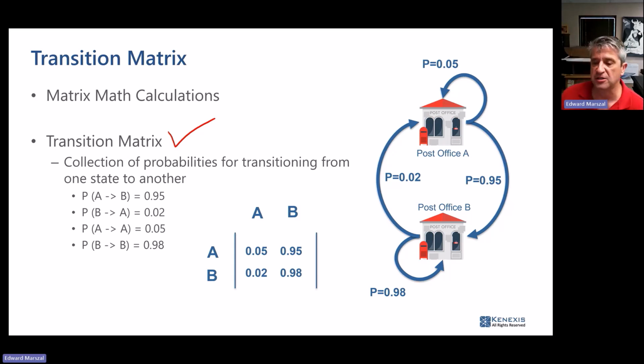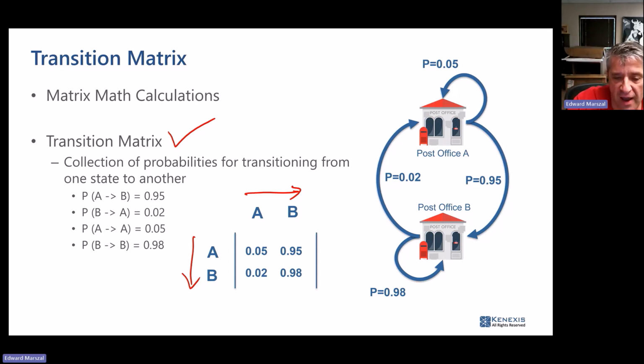So a transition matrix is going to include all of the states as rows and all of the states as columns, and then put in the probability for each time step that you transition from one state to another state.